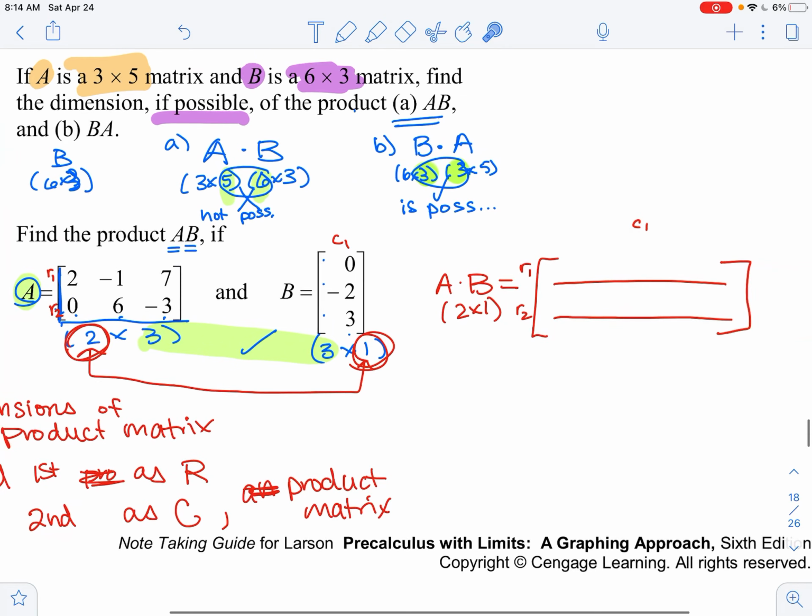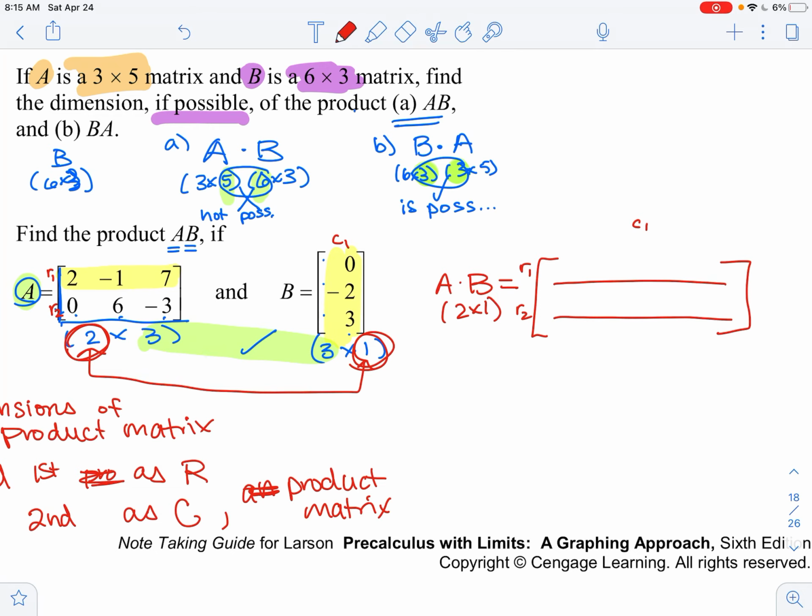And then in order to find what goes where in the product matrix, we know row 1 times column 1 would be this entry. Row 2 times column 1 would be this entry. So here we go. We're going to take row 1 and multiply it by column 1.